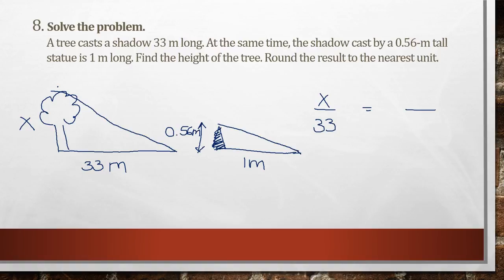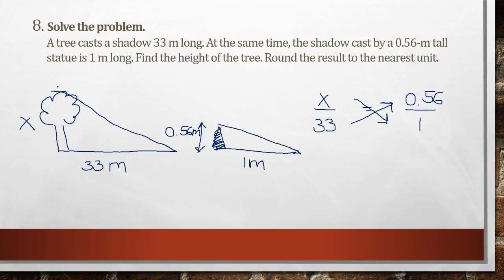So I have the height of my tree and then the shadow, and then on my second figure, my statue, again the top number is the height, so the height of the statue is 0.56 meters, and then the bottom number would be my shadow, so that is 1 meter. And now I can use cross multiplication to solve this proportion.